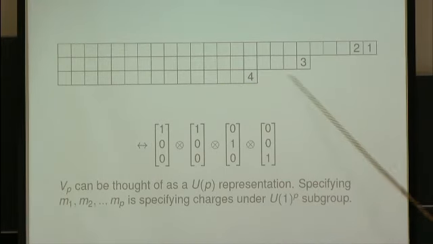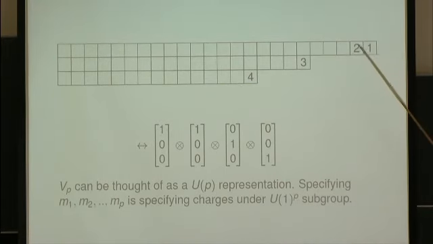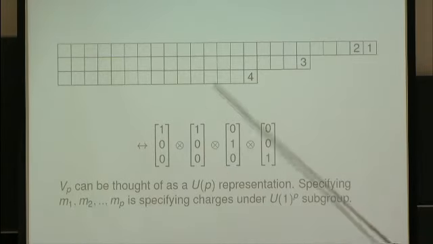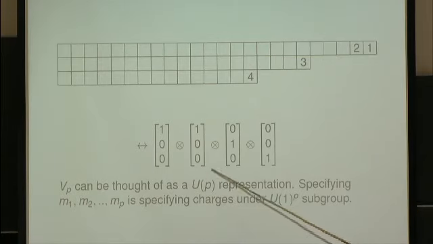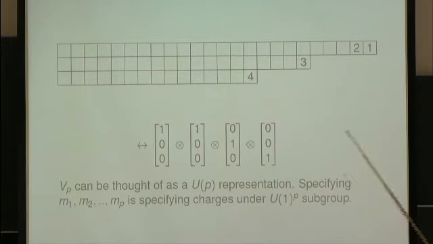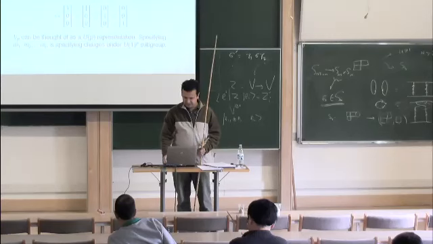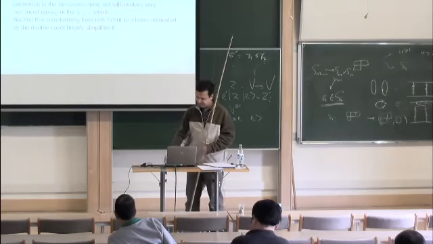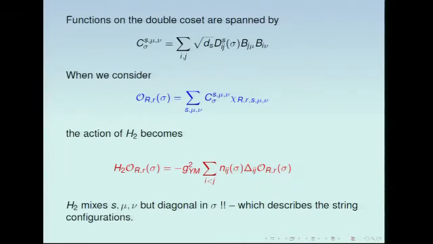So this way of organizing the different ways you can put these numbers in these boxes has to do with a p-dimensional vector, where p is the number of rows, tensored m times, where m is the number of integers you are putting in. And once you have V_p, you can use some facts about U(p) representation theory, and that's basically what proves that identity we needed. And that identity basically had to do with the number of points on a double coset.